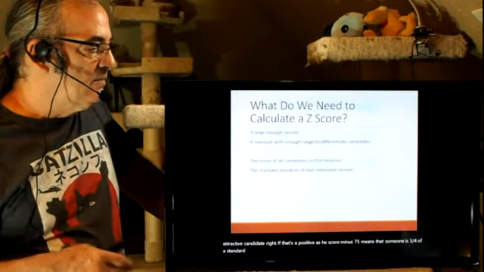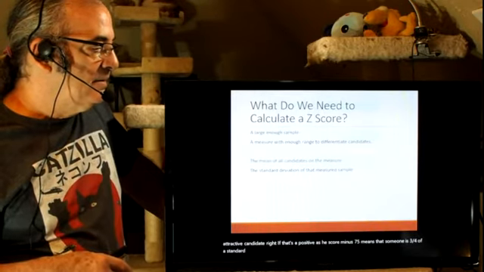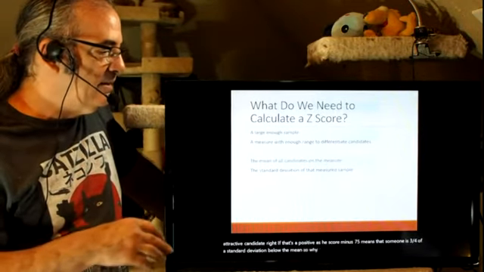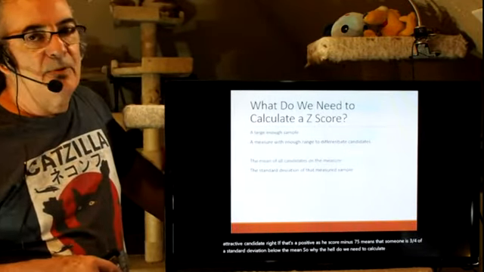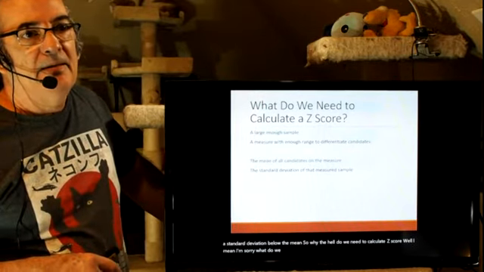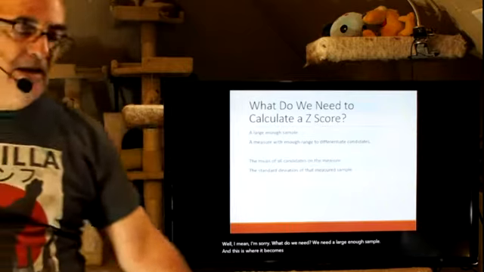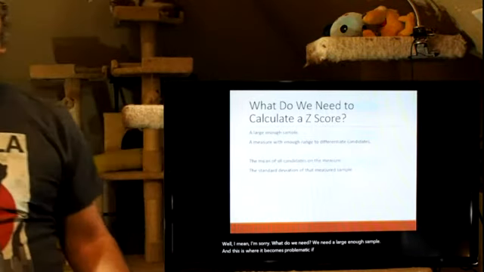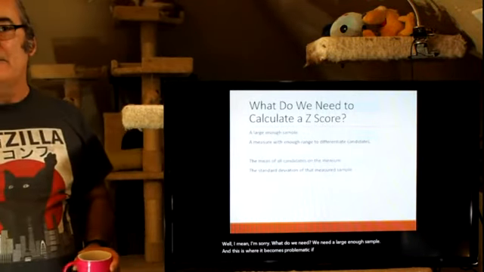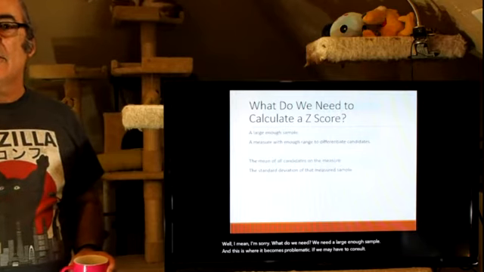So why do we need to calculate z-scores? What do we need? Well, we need a large enough sample. This is where it becomes problematic. If we're using small samples, we may have to consult historic population central tendencies on a measure.